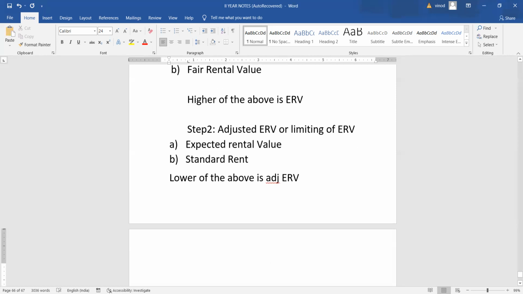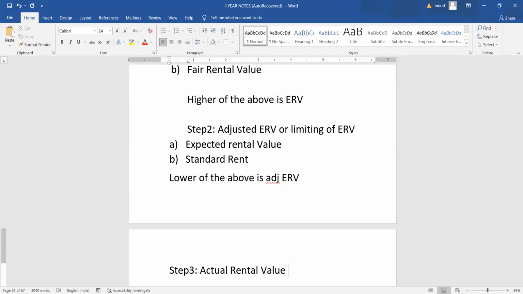Now, come to step 3. In step 3, we should calculate actual rental value. It is similar to the earlier situation. Actual rental value is a simple one.